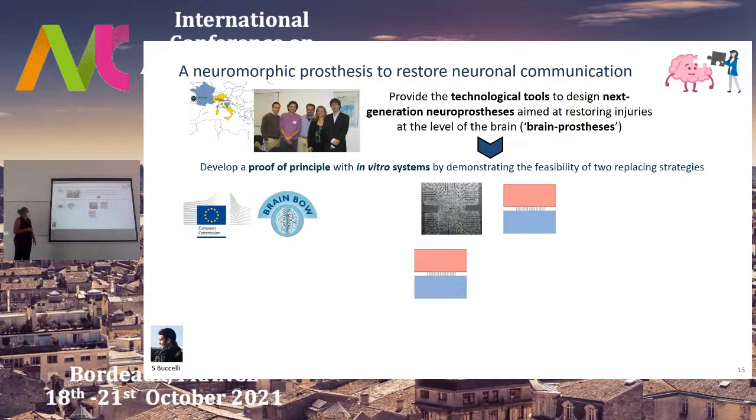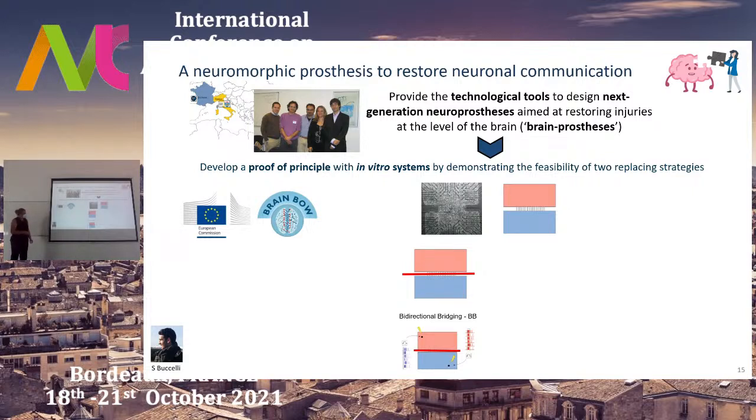And one damage that we were able to do was to cut these connections and replace them by exploiting what we called a bidirectional bridging approach. We identified a specific pattern of activity in the red population, in particular an actual burst, and every time we identified one, we delivered a stimulation in the blue one, and vice versa.